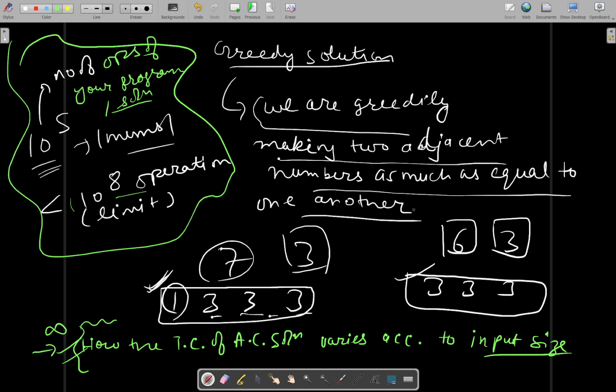We can also achieve linear time complexity here. How will you achieve it?